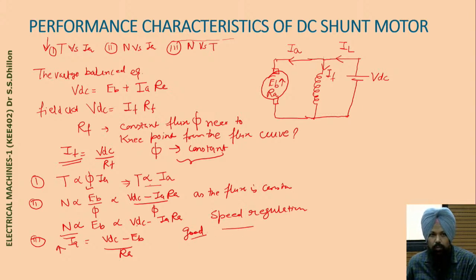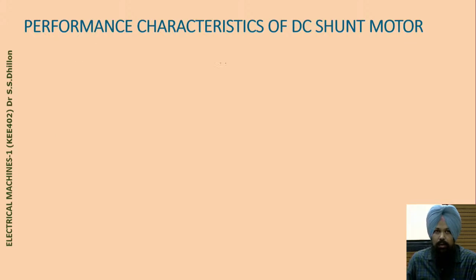Now let us move towards the performance characteristics based upon these modifications in the results. You can see in the next slide. First of all, I'm going to draw the torque versus armature current characteristics.